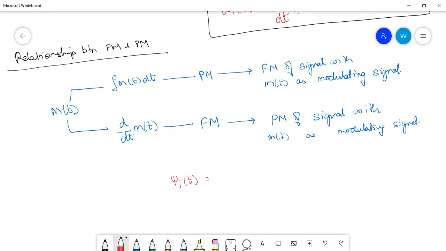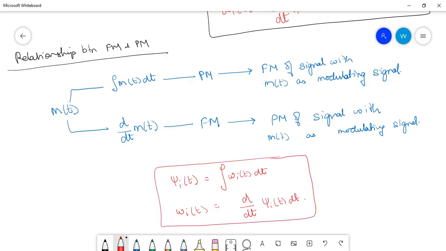All you need to know is that the instantaneous angle psi(t) can be written as the integral of omega_i(t) dt, or otherwise, the instantaneous frequency is the rate of change of the instantaneous angle. It is just based upon that simple fact.